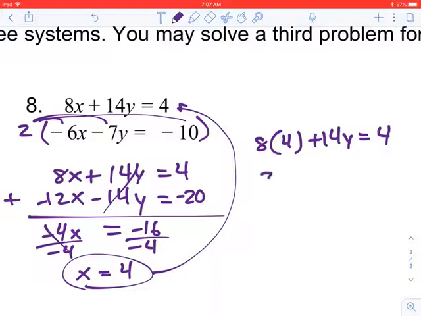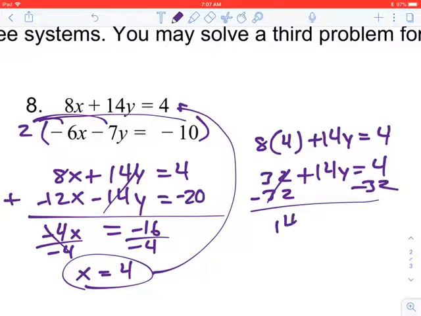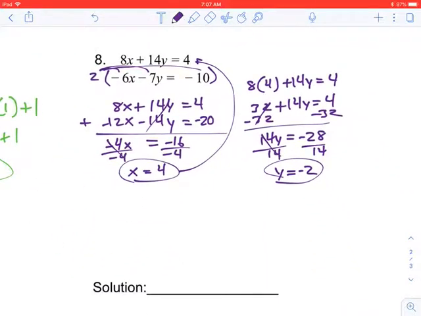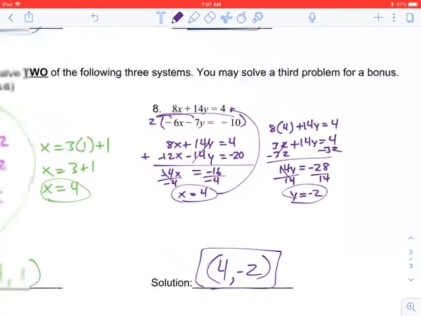And 8 times 4 is 32. And now we just subtract and divide. So subtract 32, 14y equals negative 28. Divide by 14, and we end up with y equals negative 2. So 4, negative 2 is my point.